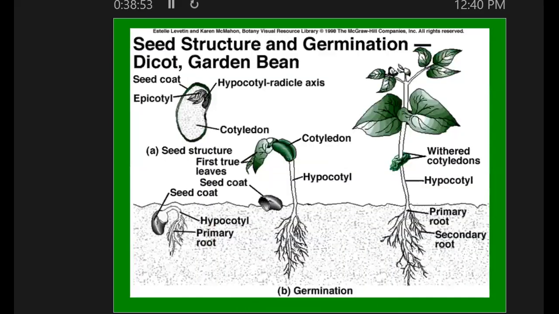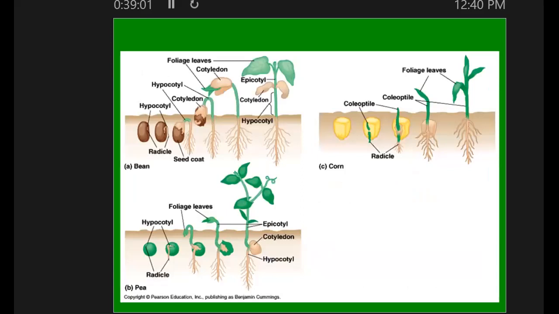But I don't get into hypocotyl, epicotyl, we're not getting into that. So some of these other anatomy terms, I'm not going to ask you about those. As you're studying, if you run into some terms that I really didn't specifically mention and you're wondering, just ask me and I can let you know whether or not you need to know that. Okay.